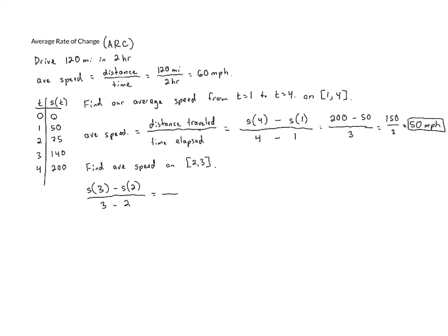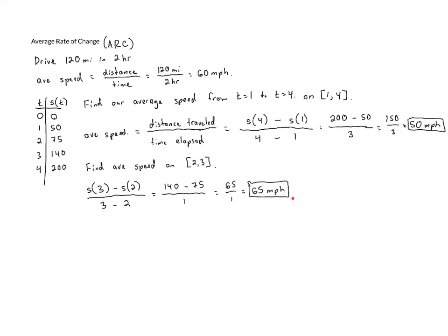So s of 3 is 140, s of 2 is 75, and then in the denominator 3 minus 2 is 1. Now 140 minus 75 is 65, and we have 65 divided by 1, which is 65, and again, we're measuring in miles per hour.